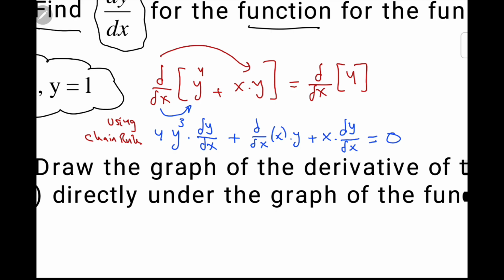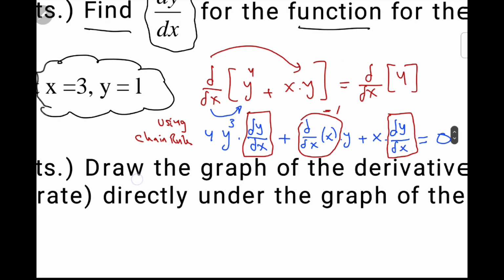The derivative of a constant is just 0. Now remember, we need to find the value of the derivative dy by dx, which appears here. d by dx of x is just equal to 1.